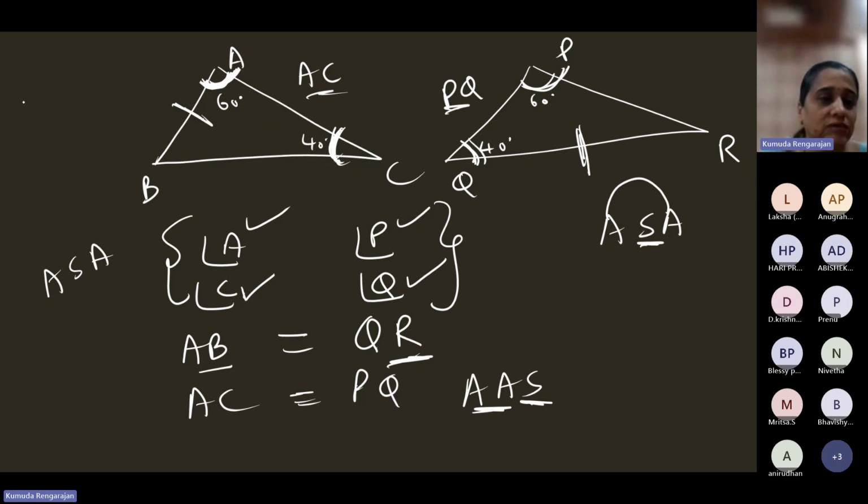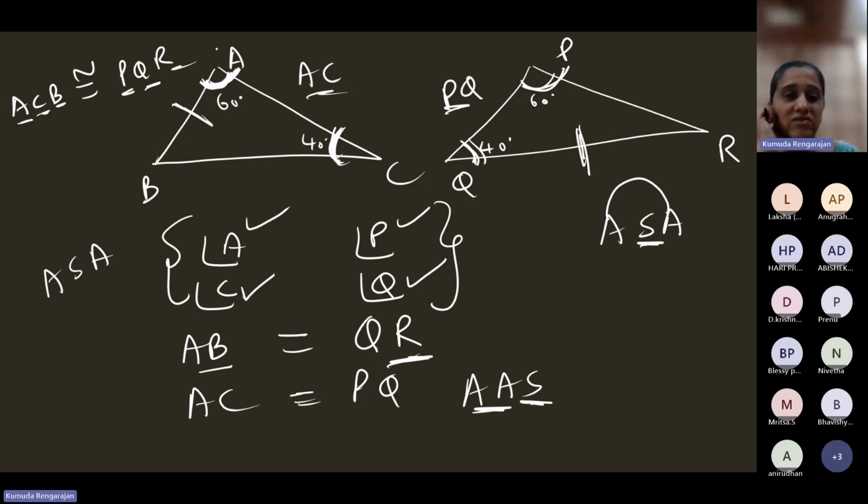And the order, if you say triangle ACB is congruent to triangle, if you say ACB, you must say PQR. Because angle A is equal to angle P, angle C is equal to angle Q, and angle B is equal to angle R. That's not given, but you know, third vertex.